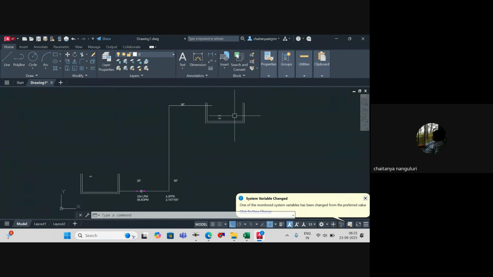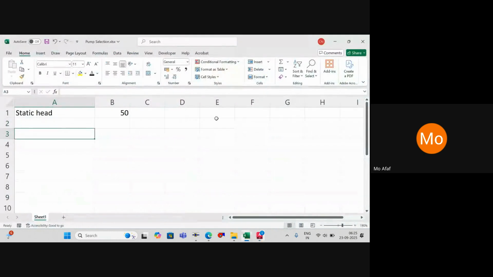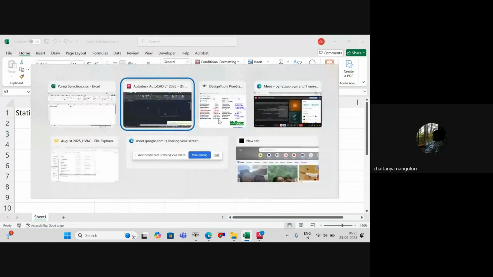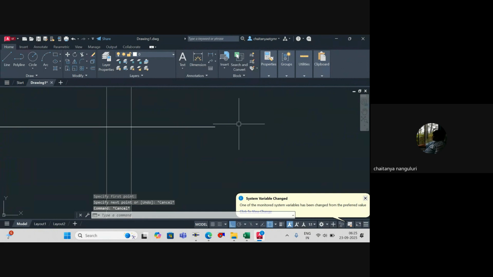Of course, you might have a float valve. A float valve will require very little pressure, so you can consider a certain value. But anyway, in our case, we'll take 0 in this example. Generally you have a float valve here, that ball kind of thing, but it requires very minimal pressure, because whenever the water level is not there, it will automatically open due to the weight of the ball cock.